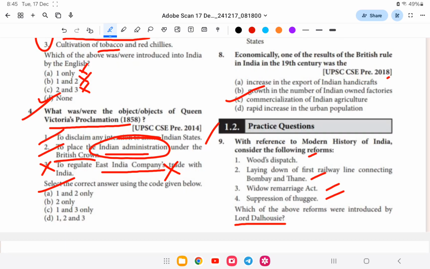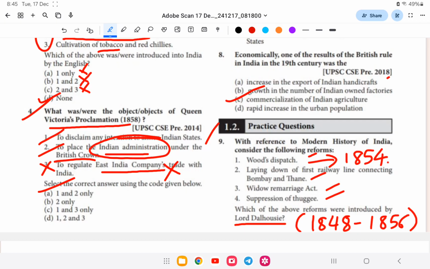First, Wood's Dispatch was started in 1854. Dalhousie was in India from 1848, and Lord Canning replaced him in 1856. So Wood's Dispatch was started in 1854.